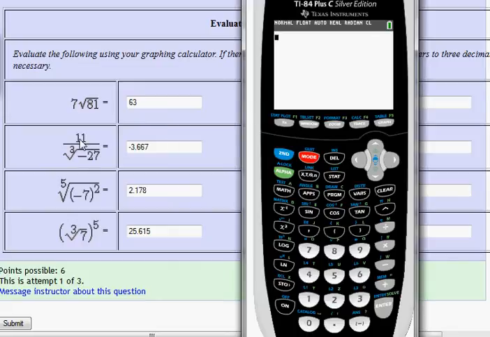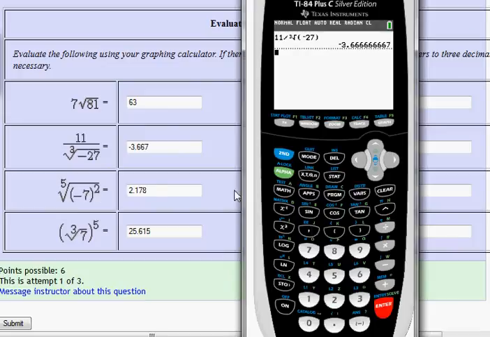So on this problem, the 11 divided by the cube root, that all would be the same. You'd hit math 4 to get the cube root. This is where it differs. You don't have the property where the radical gets extended automatically. You need to tell it that the negative 27 is under the radical by putting it in parentheses. You should still get the same answer we got before.